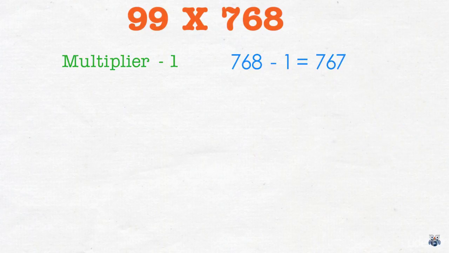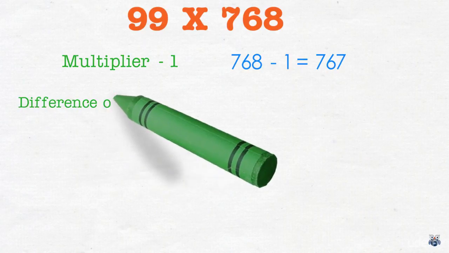Let's now look at a third scenario. Does our method apply to this exercise where the number of 9s is fewer? 99 times 768. As before, let's apply our pattern to this problem. We reduce the multiplier by 1. 768 minus 1 is 767.